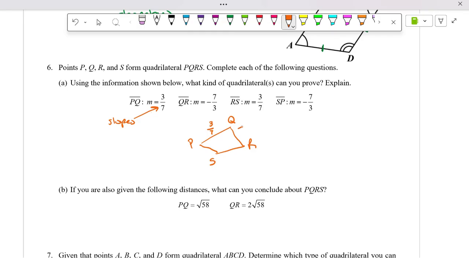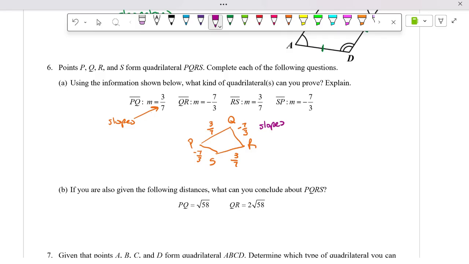QR has a rise over run of -7/3. RS has a rise over run of 3/7. And SP has a rise over run of -7/3. And again, these are slopes.